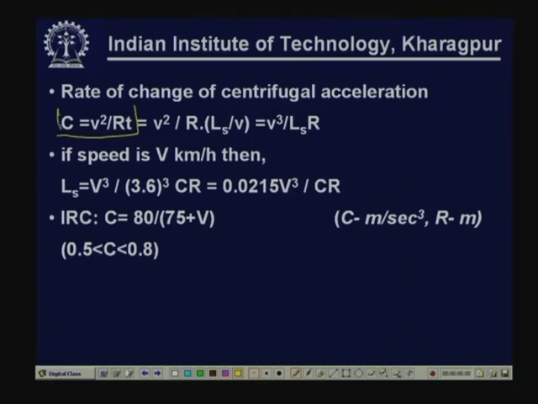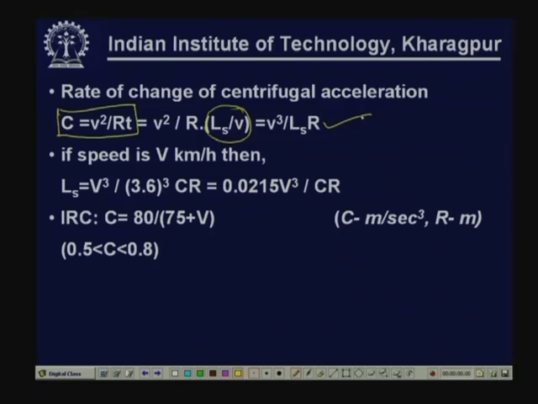This is the basic equation. Now, t itself is nothing but Ls by V, because the time taken to traverse length Ls with a speed V is nothing but Ls by V. Therefore, V square by R into Ls by V, that is nothing but V cube by Ls R.